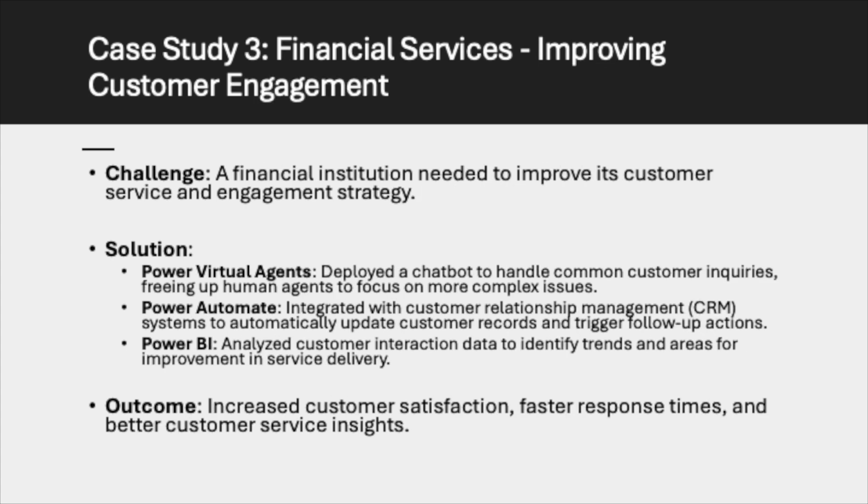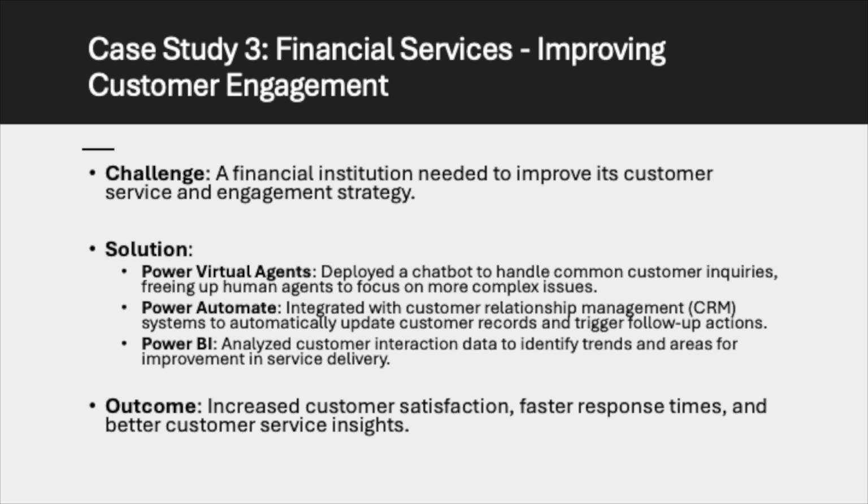Third case study is in the financial services industry, where we're improving customer engagement. The challenge was a financial institution needed to improve its customer service and engagement strategy. The solution using Power Virtual Agents deployed a chatbot to handle common customer inquiries, freeing up human agents to focus on more complex issues.